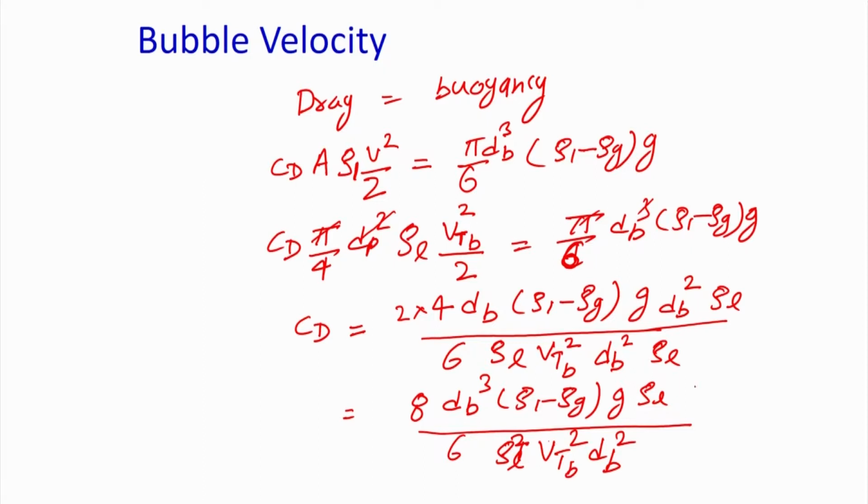Now, what we need? We need mu square up, and then one mu square multiplied with the down. Now, if you see this, this is nothing but the Reynolds number.